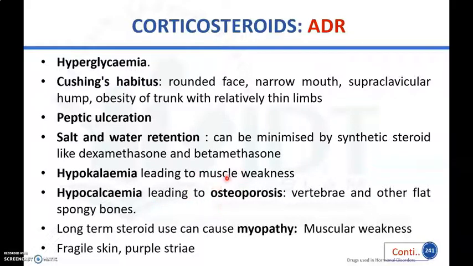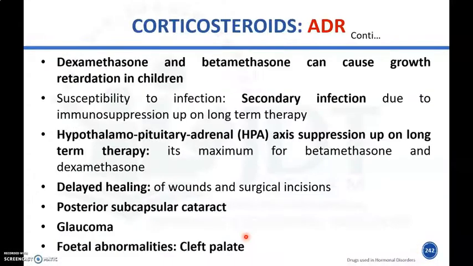It may lead to osteoporosis, especially of the vertebrae and other spongy bones, and there will be a chance of fracture of these bones. And long-term steroid use may cause myopathy, muscular weakness may occur. Then in skin, it may produce fragile skin as well as purple striae.